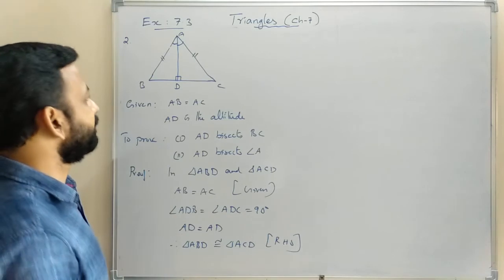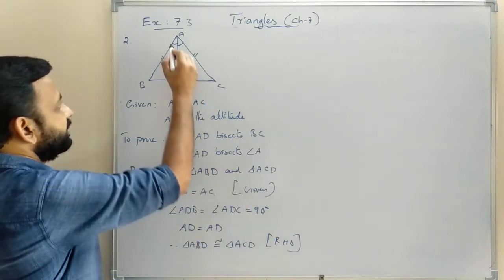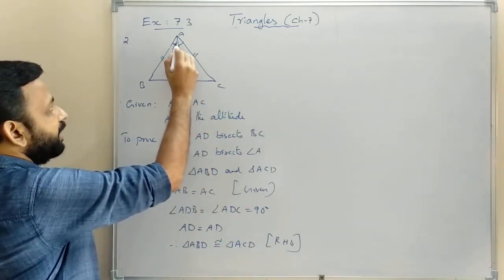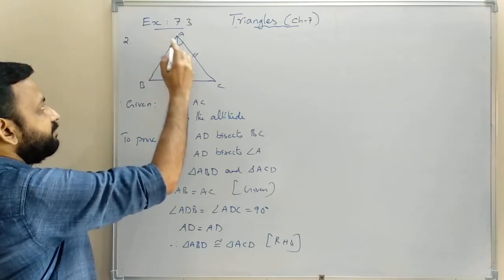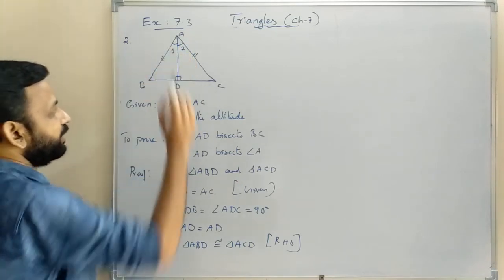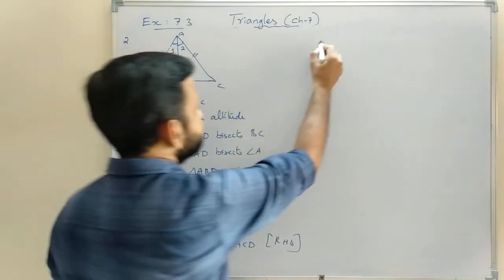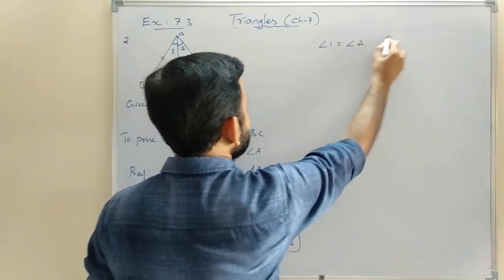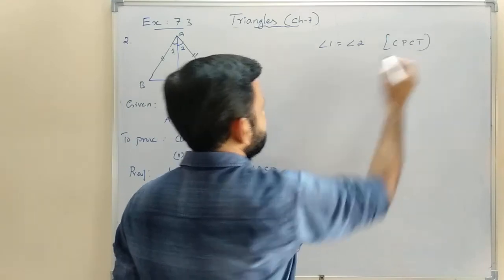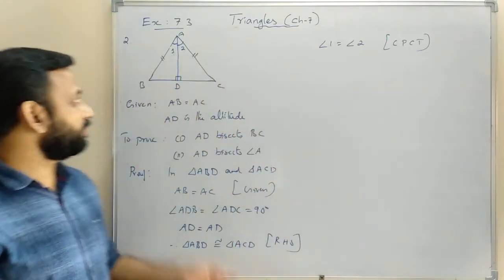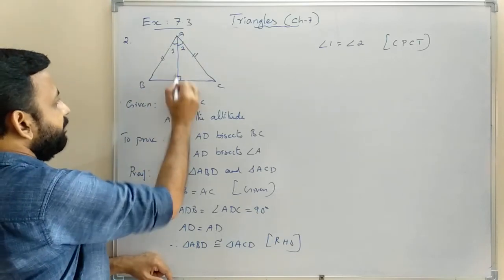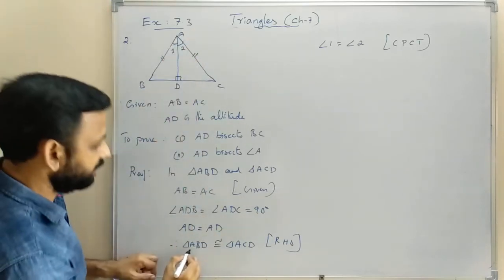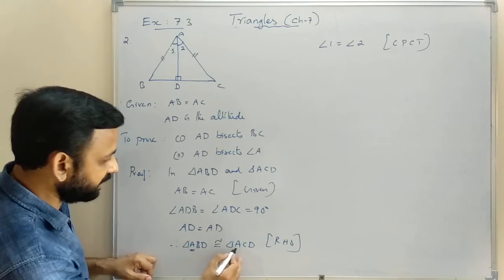And if they are congruent, then we will write angle 1 equal to angle 2. Reason: CPCT, corresponding parts of congruent triangles.